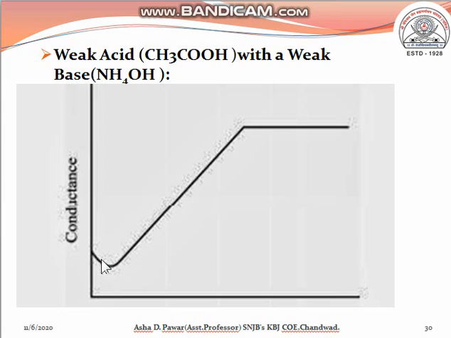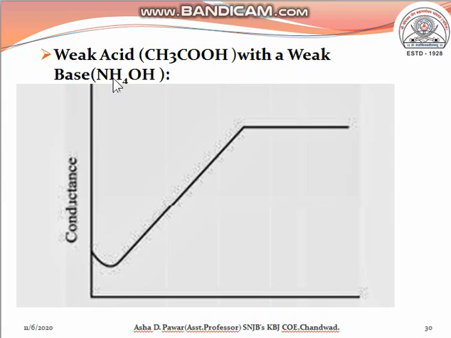Slight common ion effect is observed here and conductance slightly decreases, but as a larger amount of ammonium acetate forms, conductance increases because ammonium acetate is completely ionized, and conductance suddenly increases up to the equivalent point of this titration, and after the end point or equivalent point, due to the excess addition of base, conductance again remains constant because it is a weak electrolyte.